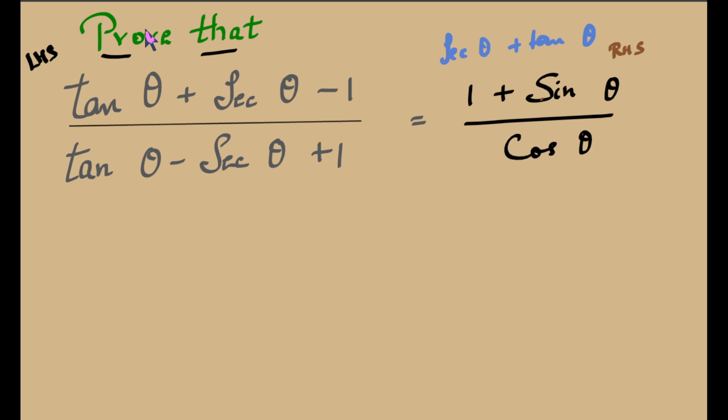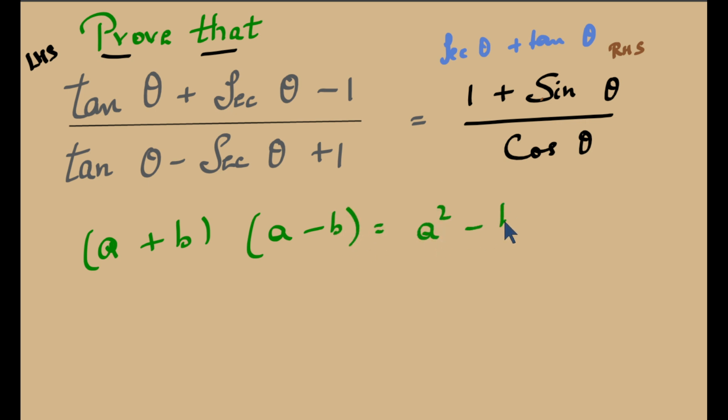For that purpose we'll have to recall this algebraic identity which we have learnt in our earlier classes: (a plus b) into (a minus b) is equal to a squared minus b squared. So what if we consider a part of it as a and another part of it as b, and multiply by a minus b so as to get squares, tan squared and secant squared. So let us try and do it.